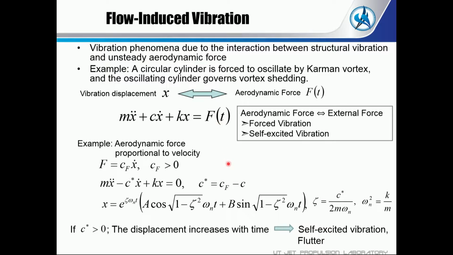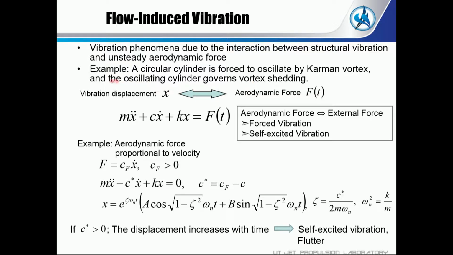A very simple example: when a circular cylinder is placed in the airflow, the Karman vortex street is generated. This vortex street forces the oscillation of the circular cylinder, and the oscillating cylinder governs the vortex shedding also. So they have a cross interaction with each other.